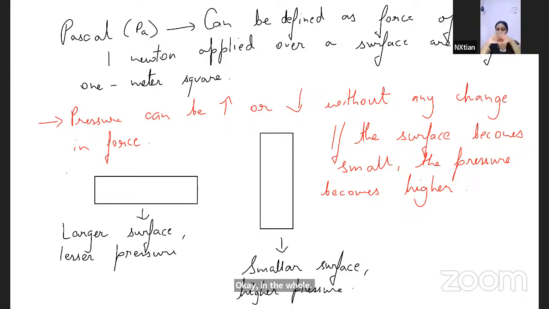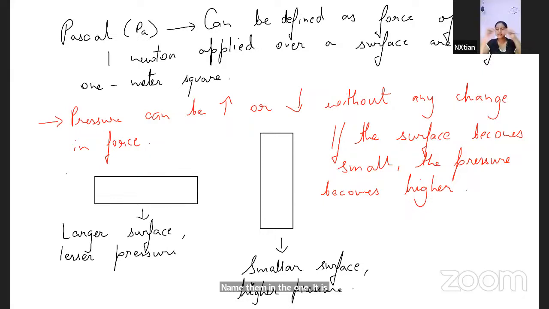When there is a large surface area, there will be lesser pressure. Have you ever noticed that when some nails are blunt, it is hard to even nail them in the wall? Why? Because they do not have that pointed, sharp edge, which is a small surface area.